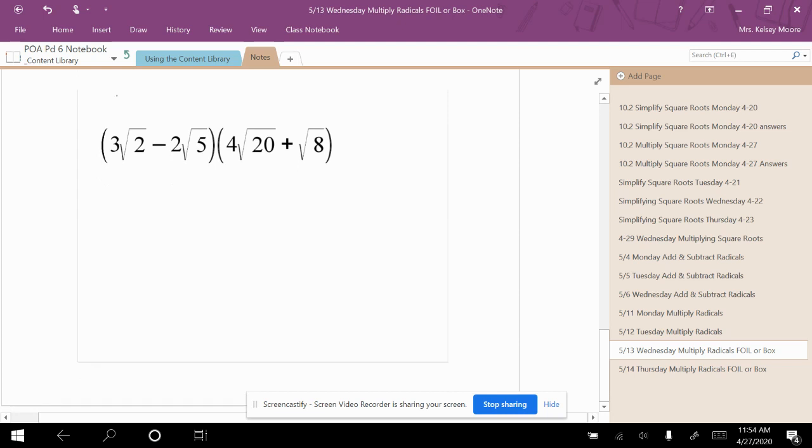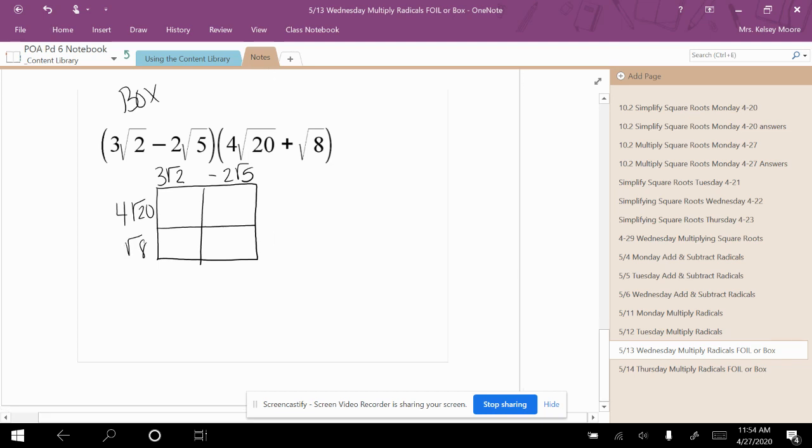Okay, the next example, I'm going to use the box method. So let me see if I can draw a good box here. Put the 3 square root of 2, negative 2 square root of 5, 4 square root of 20.